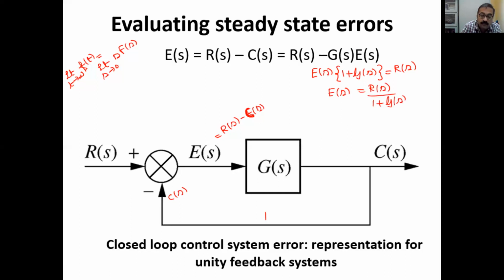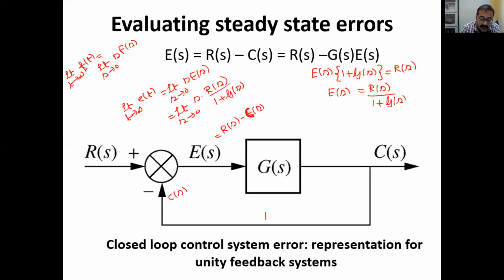Right. So now I can make use of the final value theorem. Limit t tends to infinity e of t will be limit s tends to 0 s into E of s, where E of s is R of s divided by 1 plus G of s.